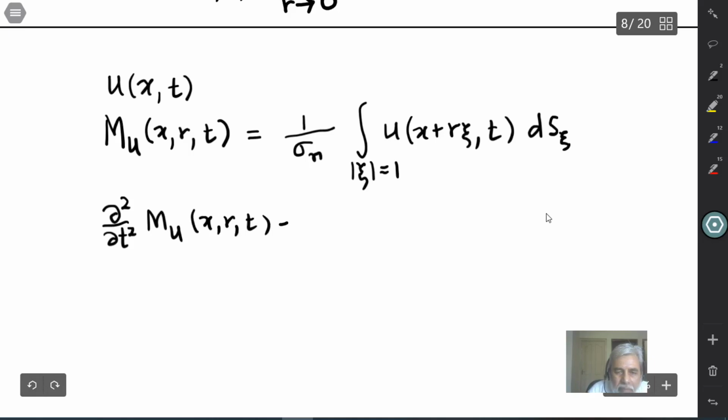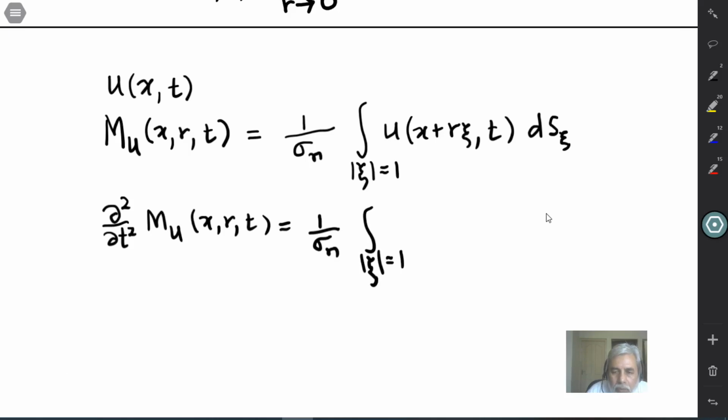So this is simply 1 by sigma n, integral over |j| equal to 1 of utt, two derivatives.